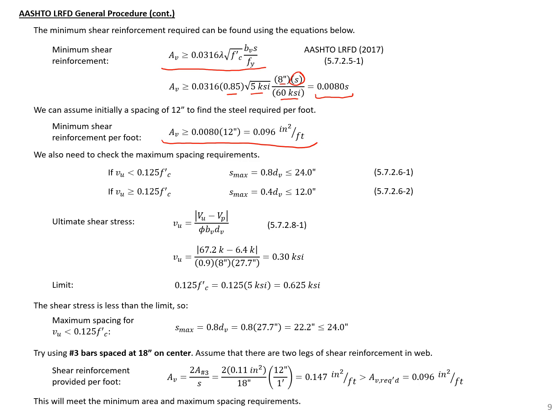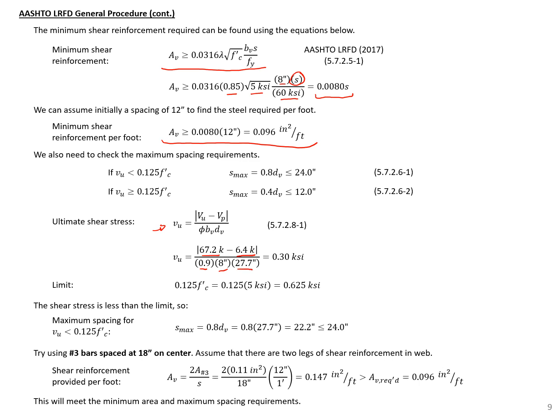So next we can calculate our maximum spacing requirements. The maximum spacing requirements are dependent on the shear stress in the section that we're interested in. So our ultimate shear stress is equal to the equation shown here, just our ultimate shear force minus our pre-stressing shear contribution divided by phi for shear, which is 0.9, BV, which is our web width, 8 inches, and then our DV, which we found earlier to be 27.7.